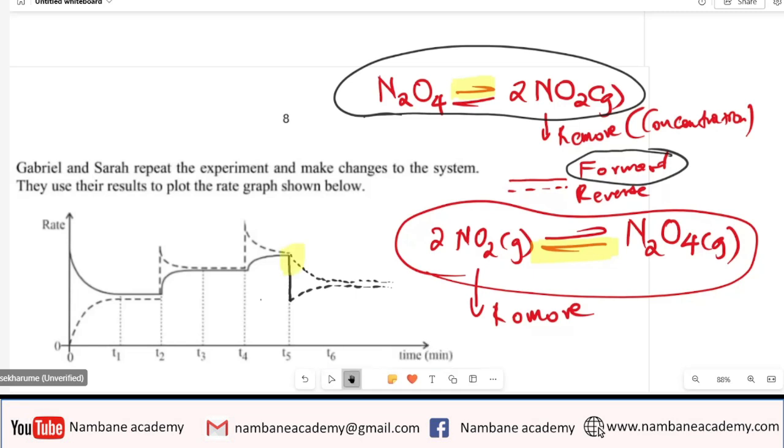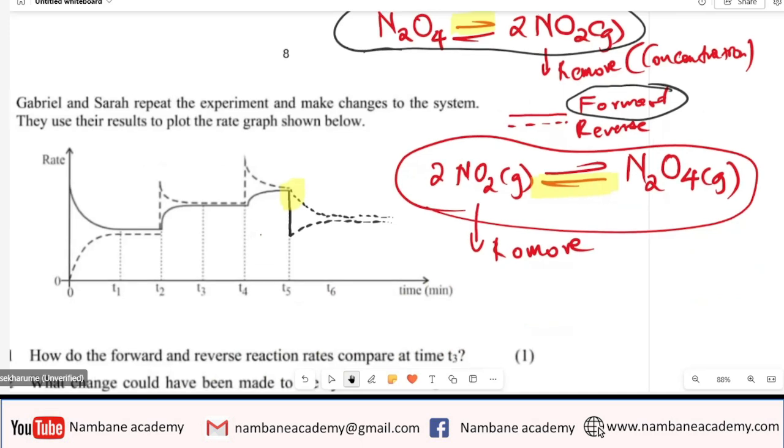So how many marks? The new equilibrium will be established at T6 there. So that will be a new equilibrium. Okay, so this one is decreasing more, but at the end, oh, I'm sorry, this one must be solid.